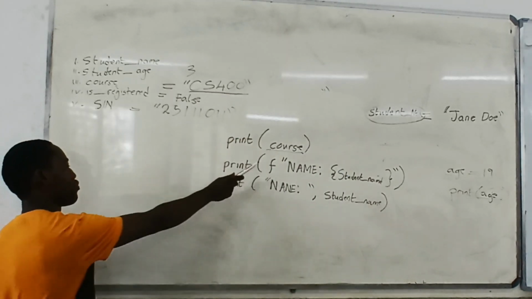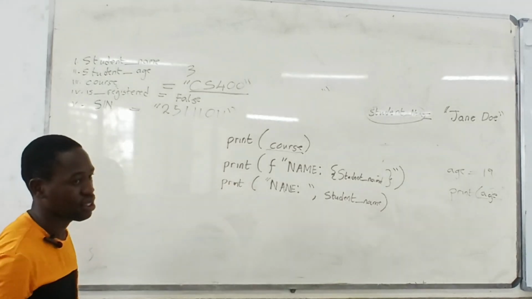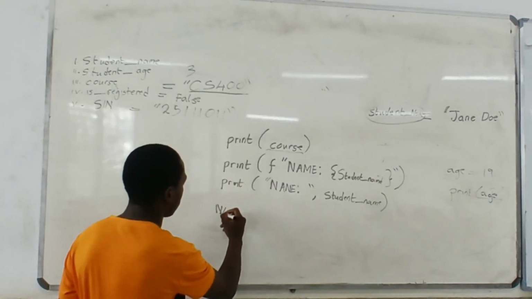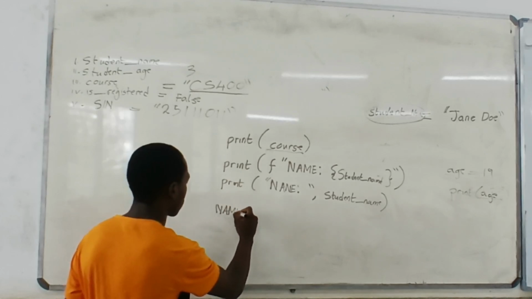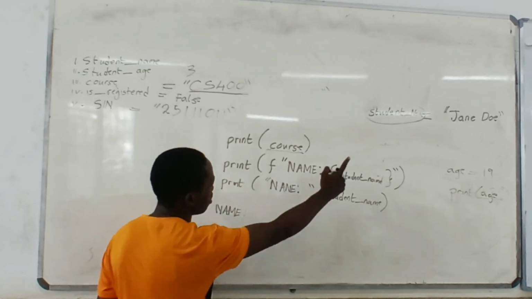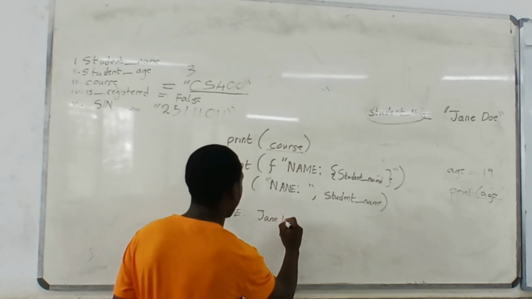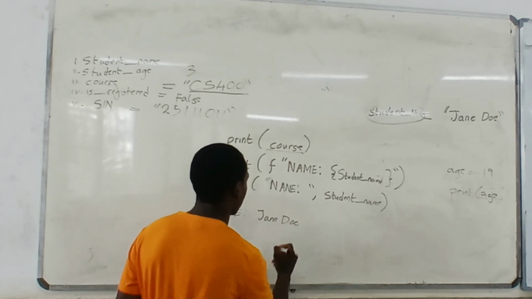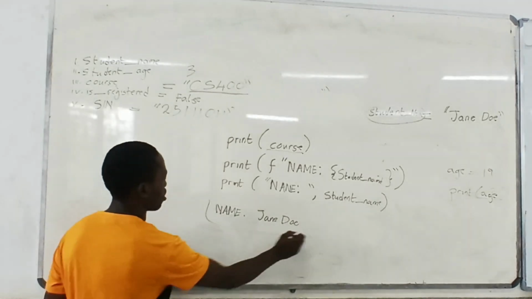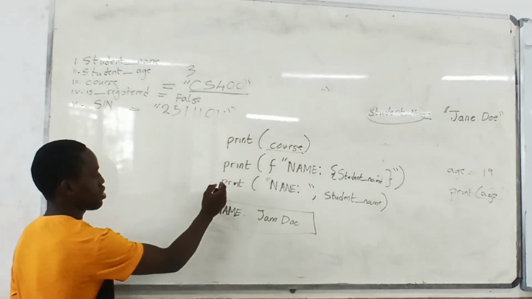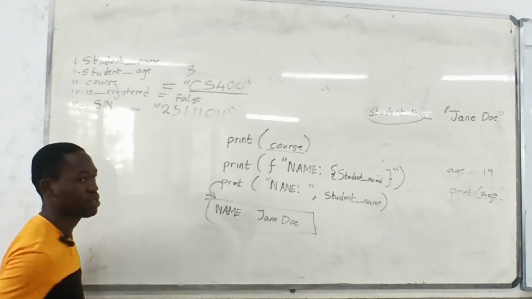So these two will give you the same thing. So when you print these, it will just give you name, and then the name we gave it. It will print this. This will also print the same thing.